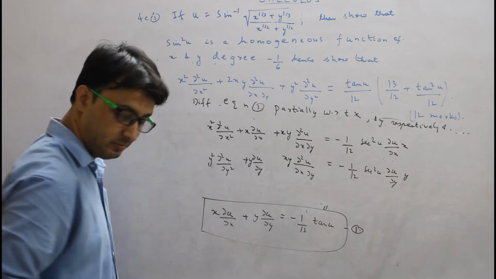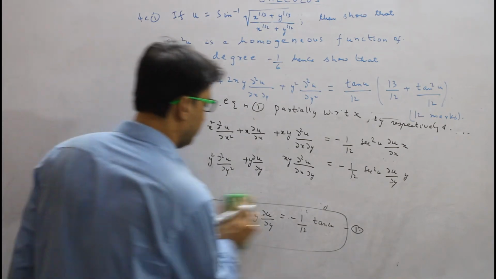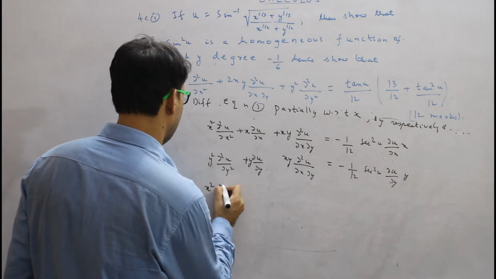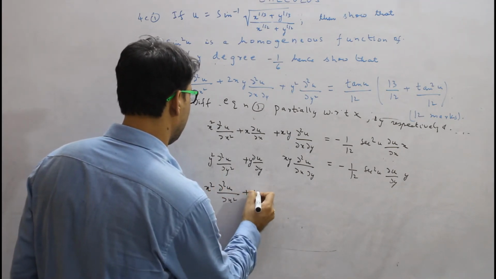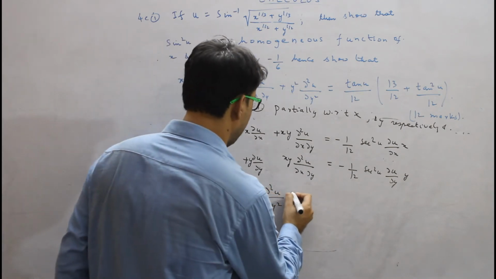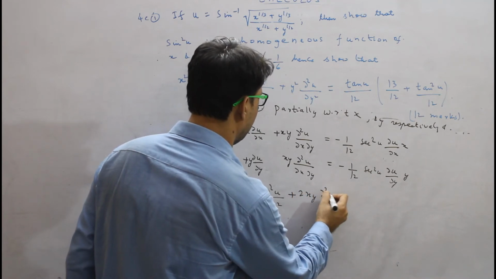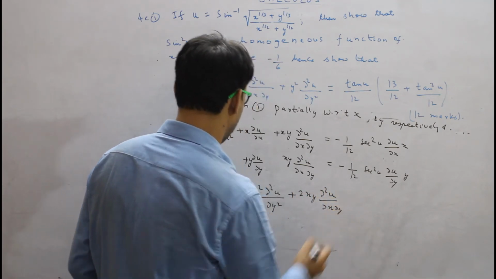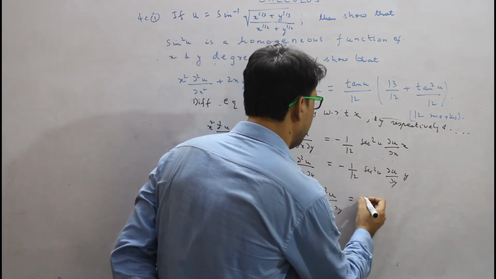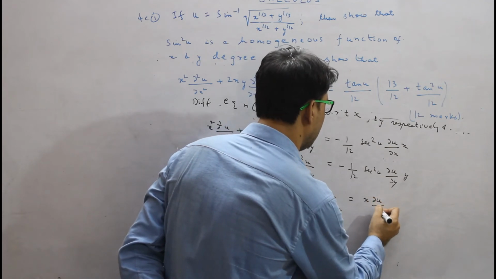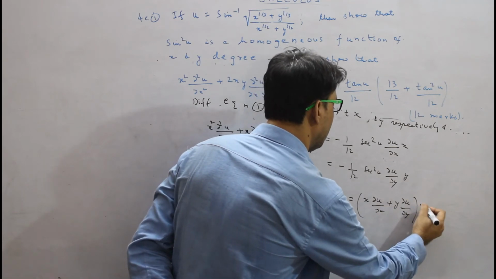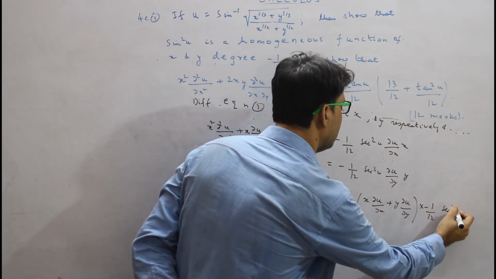Now if I am going to add all of this, then I will get x² ∂²u/∂x² plus y² ∂²u/∂y² plus 2xy ∂²u/∂x∂y, and we will take this 2 common on both sides, so we will write this as x ∂u/∂x plus y ∂u/∂y into minus 1/12 sec² u.